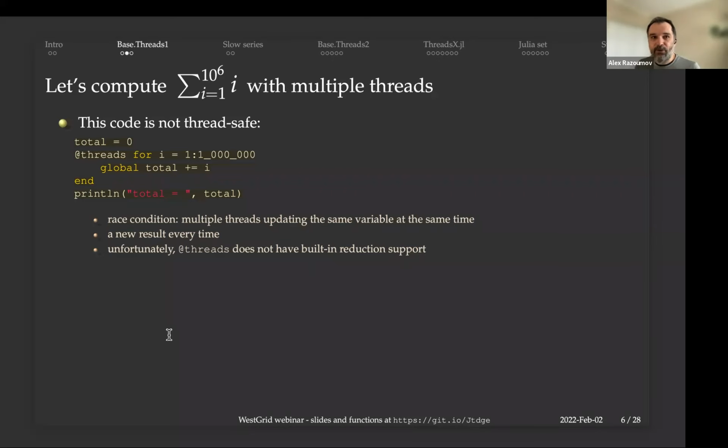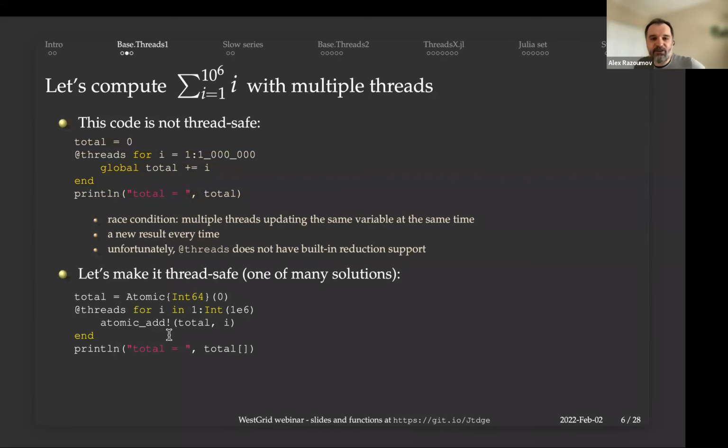Unfortunately, with built-in multi-threading in Julia, you don't have any reduction support. I'm not sure why it wasn't programmed, but you have to do it by hand, right? One way to do this is by using an atomic variable. An atomic variable is a variable that has a lock, and whenever any thread is writing to an atomic variable, only that thread can update the variable.